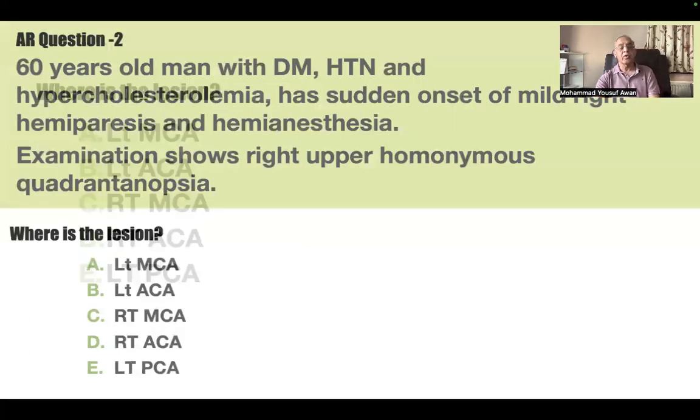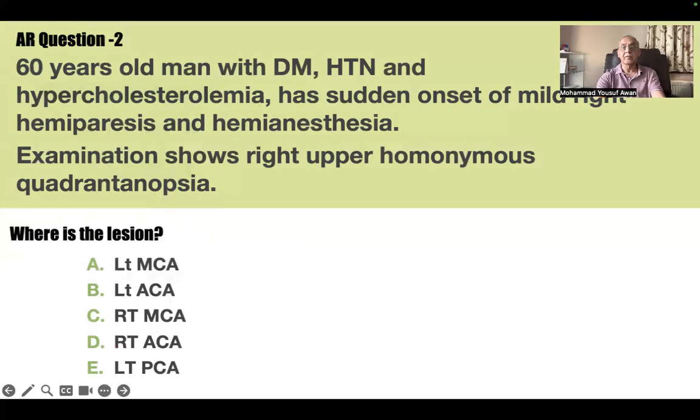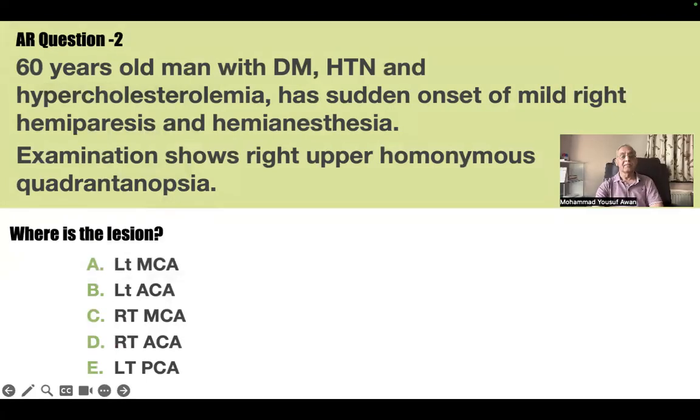Okay, another question. A 60-year-old man with diabetes, hypertension, hypercholesterolemia, the same past medical history. Again, sudden onset of mild hemiparesis and hemianesthesia. So mild right hemiparesis, hemianesthesia. Examination shows right upper homonymous quadrantanopia. So what is the lesion?